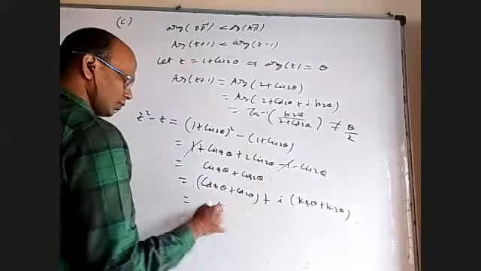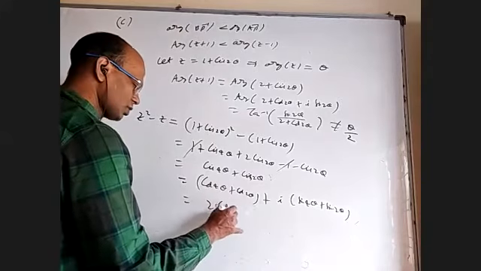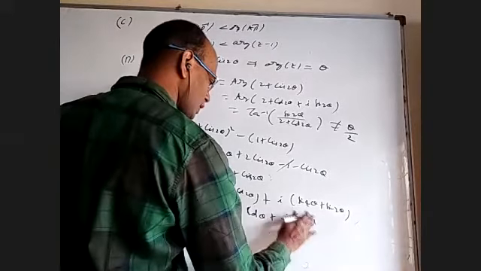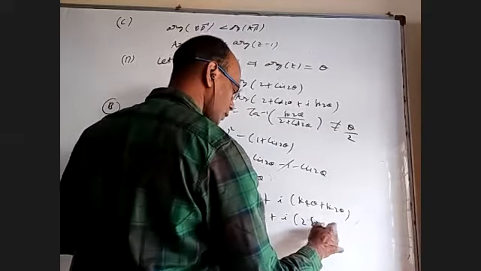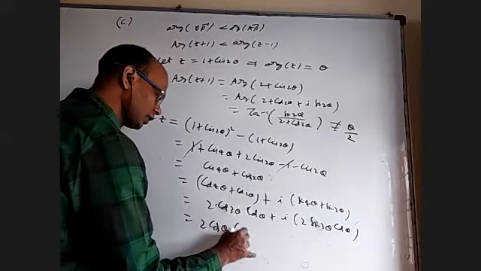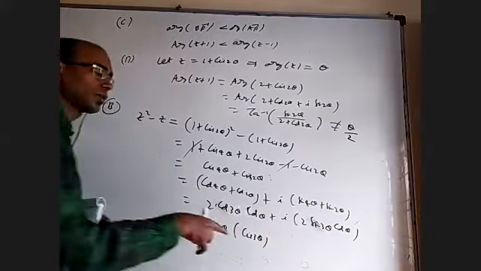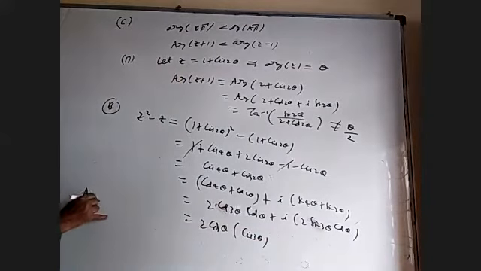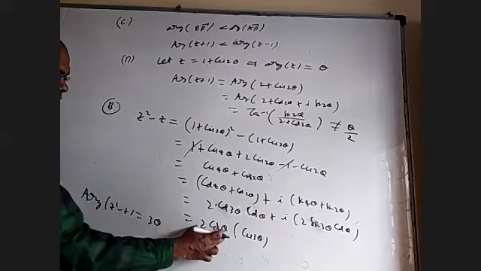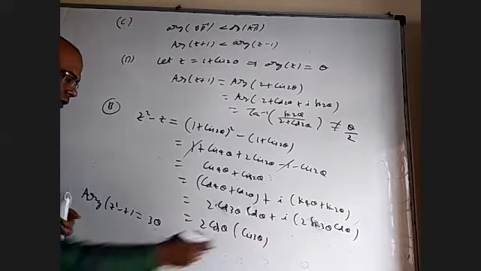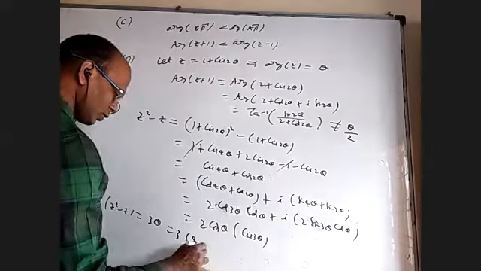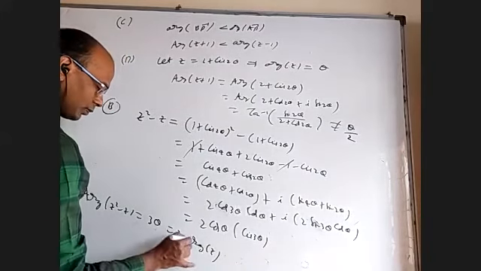When you apply transformations, this is 2 cos 3 theta cos theta, and this is i into 2 sin 3 theta cos theta. If I take 2 cos theta common, it is cis 3 theta, whose argument is 3 theta. So argument of Z square minus Z is 3 theta. This is the magnitude, this is the argument. And theta is what? Argument of Z. 3 times argument of Z. So proved.